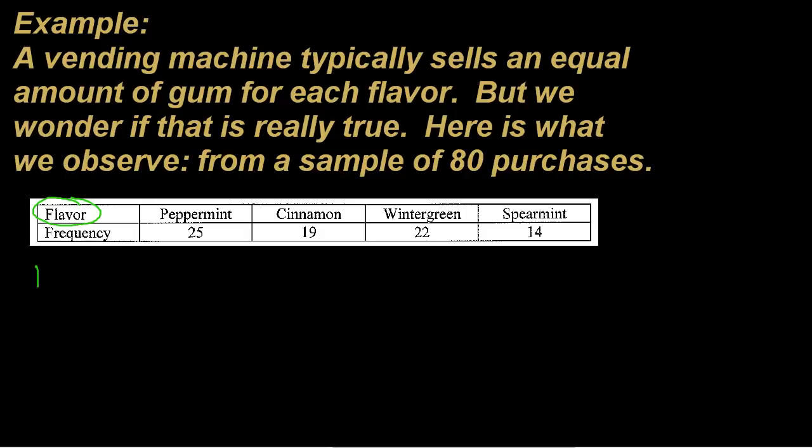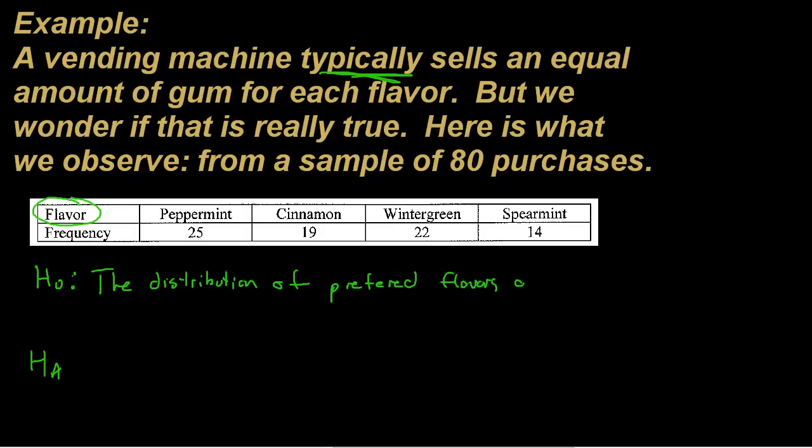So first we have our hypotheses. We have our null and our alternative. And here we're going to use words. The null would be that, nope, everything is the way it's supposed to be. Everything's what's typical, and typically they're equal. So I'm going to say the distribution of preferred flavors are equal.